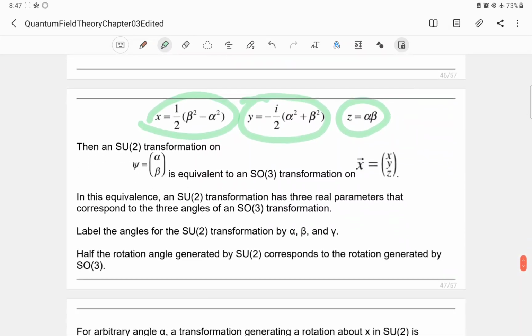So the SU2 transformation on the spinor psi, alpha beta, is equivalent to an SO3 transformation on a vector with 3 components. And what makes it special is that in this equivalence, an SU2 transformation has 3 real parameters that correspond to the 3 angles of an SO3 transformation.